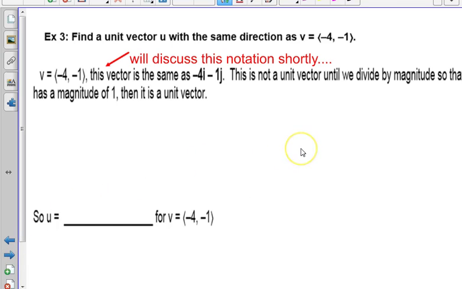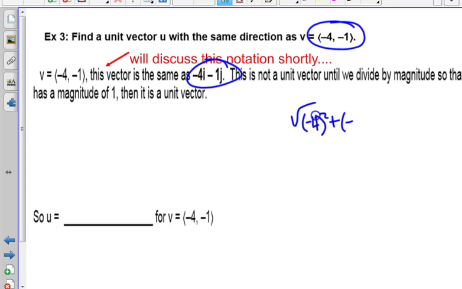Okay, so here's our question. This could be written as this, okay? We just covered that notation. And if we wanted to make it into a unit vector, you would find the length first. What's square root of -4 squared plus -1 squared would be what? Anybody?